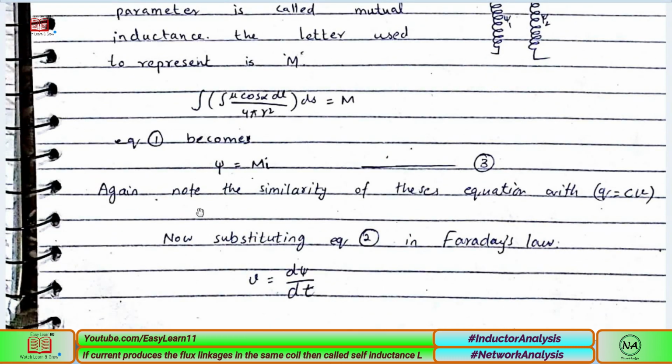But remember that we can replace L with M in our formulas. We are going to discuss one case, that is self-inductance, so I will use L throughout our formulas. But if we later find numericals where the conditions are mutual inductance, then we can replace the letter L with M, because they are interchangeable.